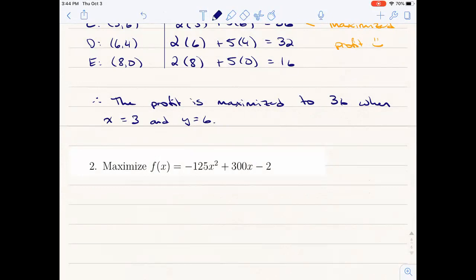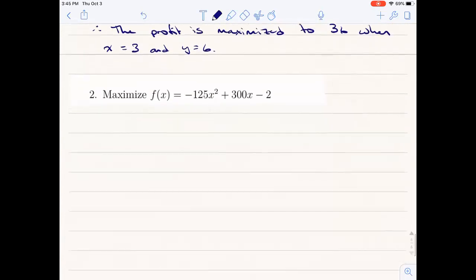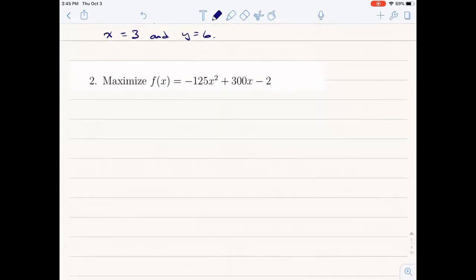The first thing we have to do is find the derivative, which we did last day, the derivative of a polynomial, nothing crazy. We set the derivative equal to 0 and solve for the x that makes that happen, because that's the x where the profit, or the function, is maximized. Then we can evaluate what the function is at that maximized point. So again, there are unofficial steps that you can follow.